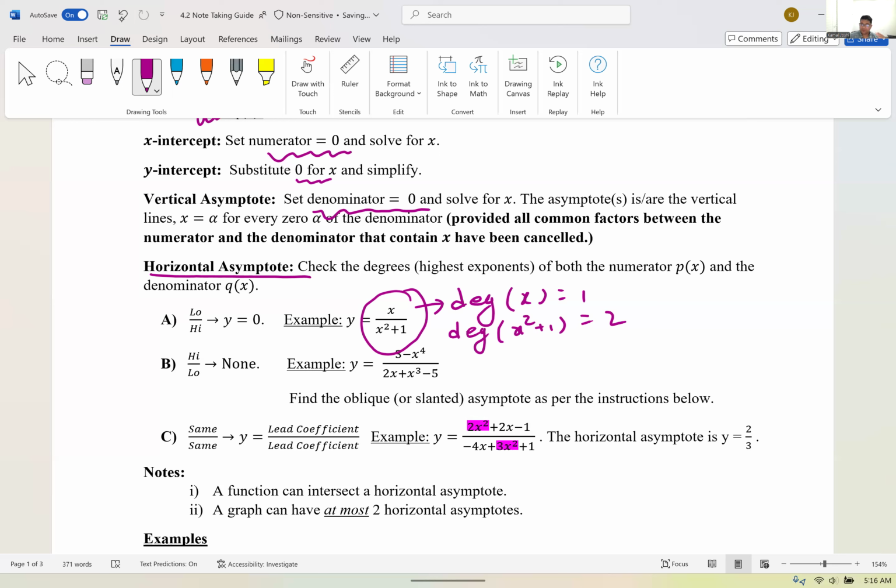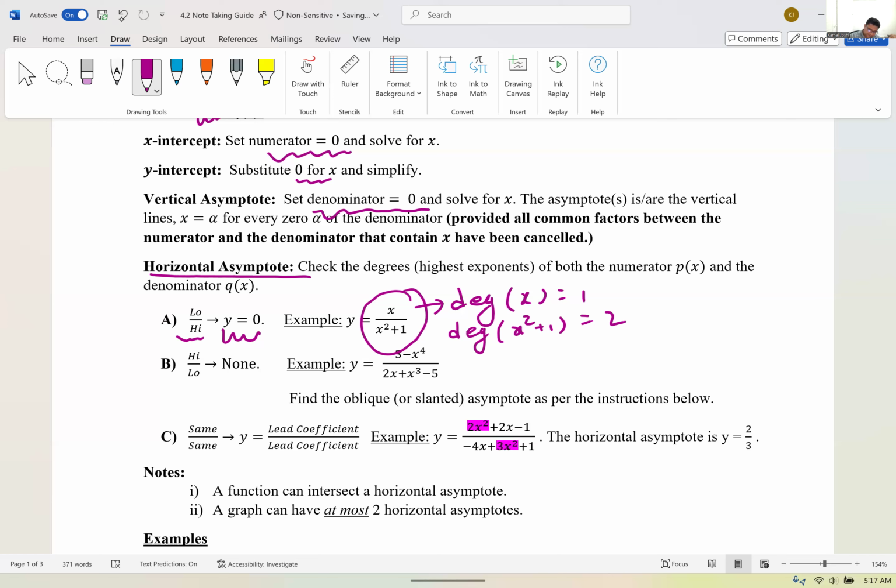The denominator has a higher degree, then that will become large much faster than the numerator. As a result, the ratio will go to 0 and you get your horizontal asymptote y equals 0. We read this as low divided by high. Okay. Low means the exponent or the degree of the numerator is low, compared to the denominator.